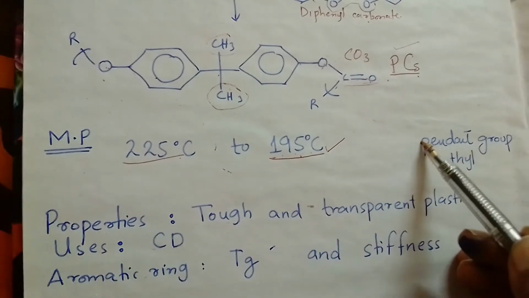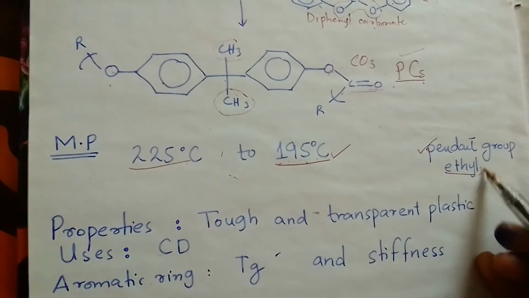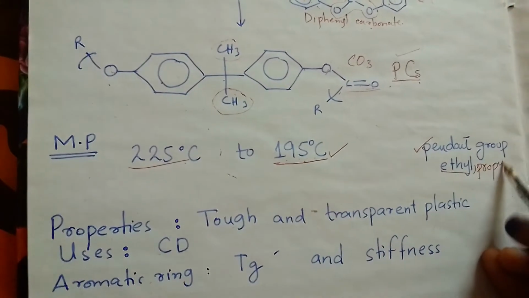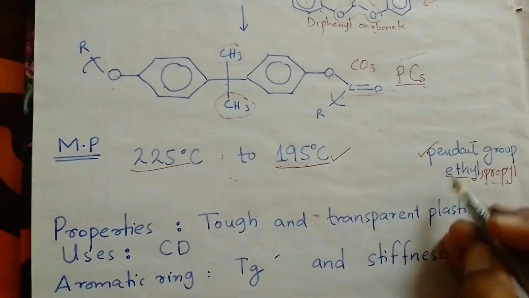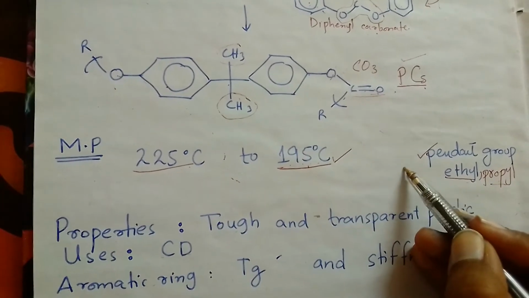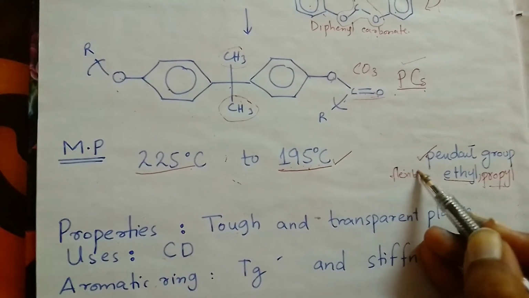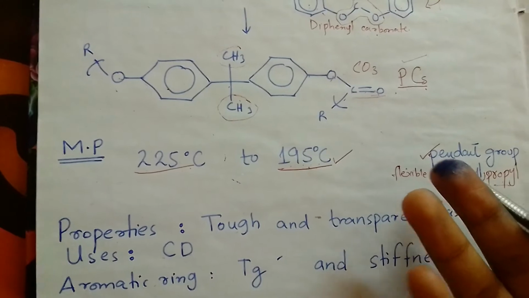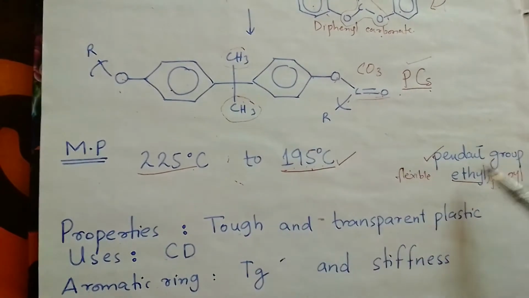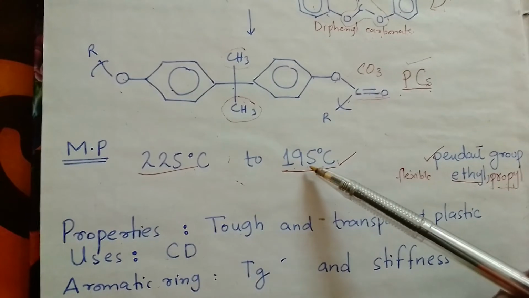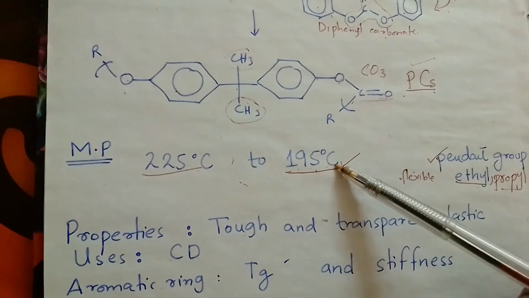But if the pendant group is replaced with some bulky group like an ethyl group, or you can also place a propyl group as well. We know these are flexible groups, groups which provide some flexibility to your polymers. So when we introduce these groups, definitely its melting point will decrease.